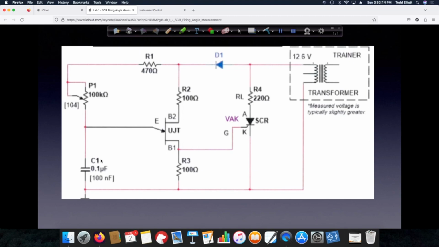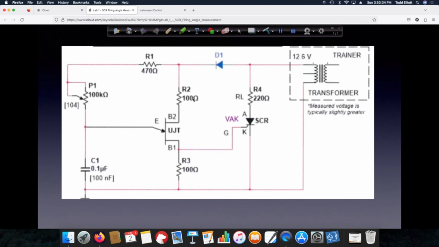And then it will basically turn on suddenly. The UJT switches into conduction with the sudden current pulse appearing through R3 here. By Ohm's law, it generates a voltage pulse, which we'll look at on the scope shortly. And that's what's used to fire the gate.